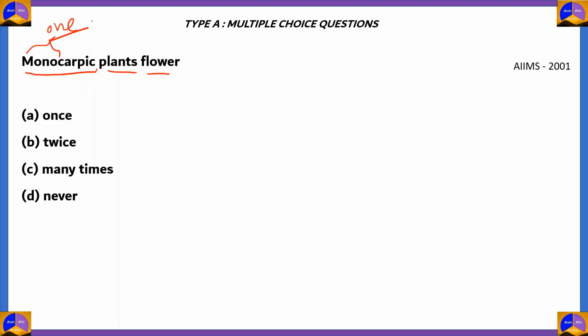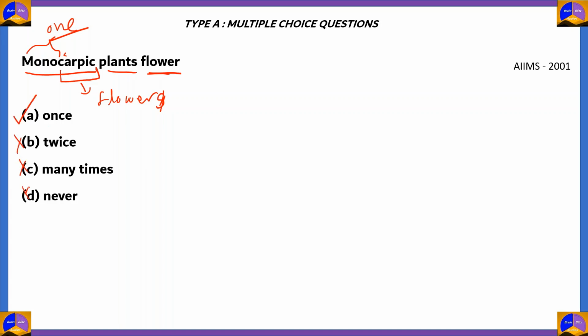So that means, and carp refers to, it's a term referring to flowers. So monocarpic would technically mean one flower. So that means monocarpic plants flower only once.